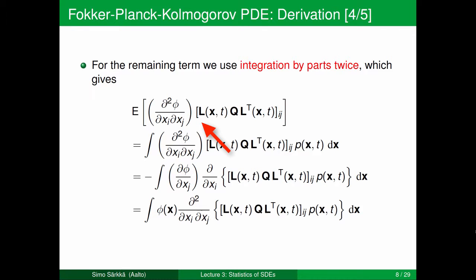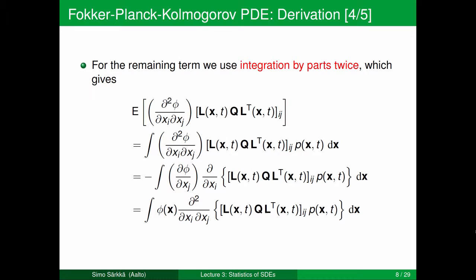So the expectation of the second derivatives of phi times the elements of LQ, L transpose is equal to the integral of the second partial derivative of phi with respect to xi and xj times the corresponding element of LQ, L transpose times the probability density of x dx.